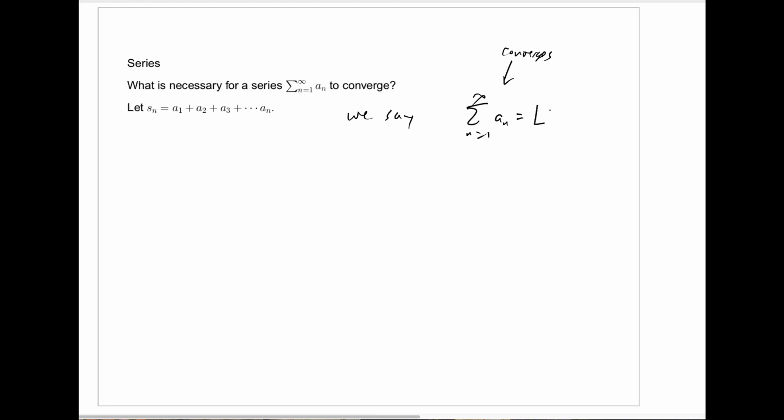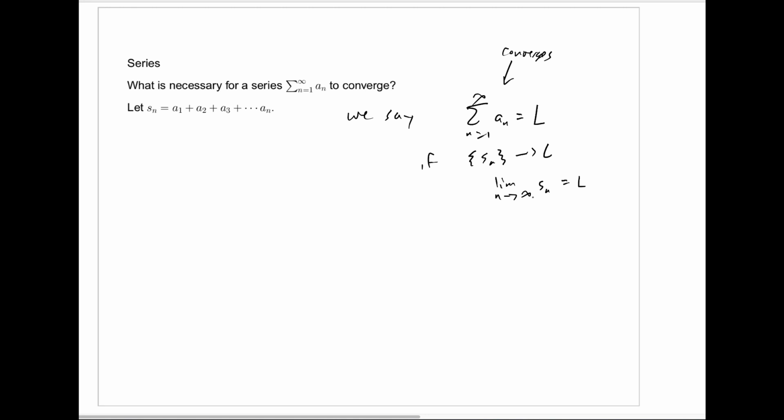And this is the value of the series. We say that this will be true if this sequence, S sub n, has limit L. In other words, the limit as n approaches infinity of S sub n equals L.